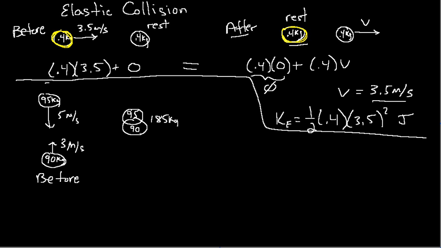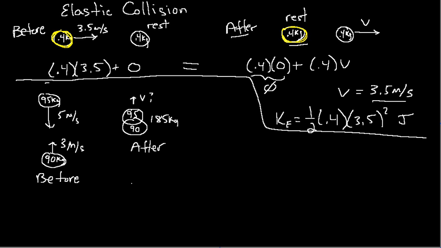Just after they collide and tackle, what's the velocity? We're not sure whether the velocity of these two is up or down. I'm going to put it up. We're not sure of its direction, but it's here after the collision.